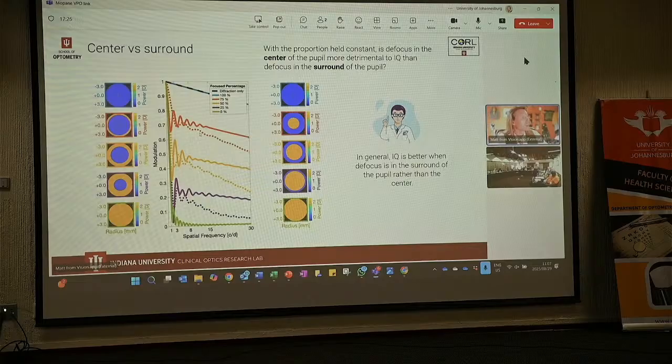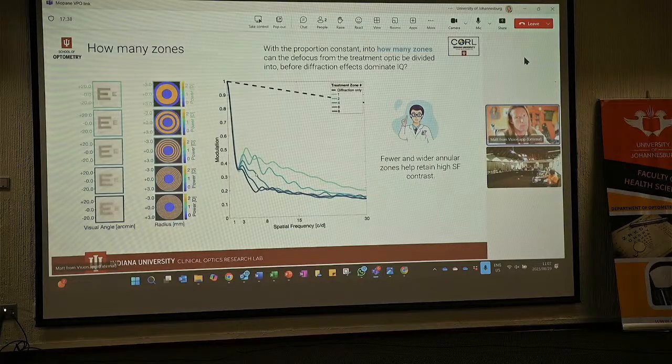But we can see that the dotted line, the frequency drops more. Smaller annuli.